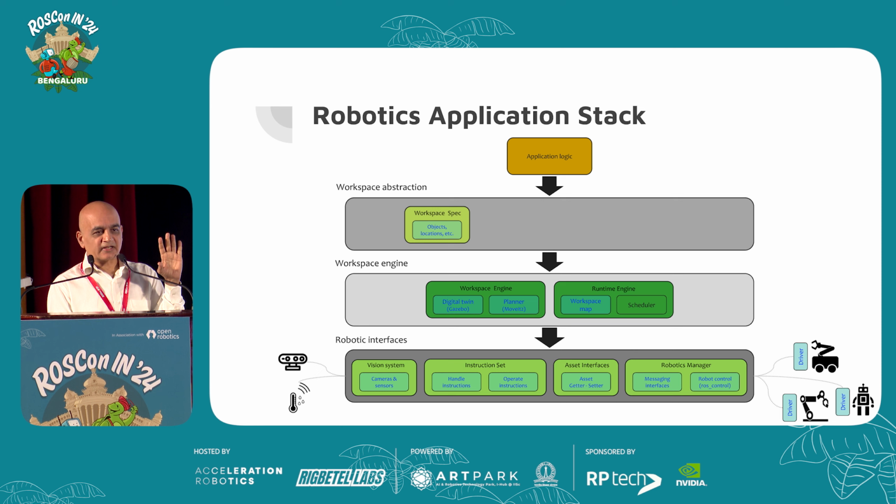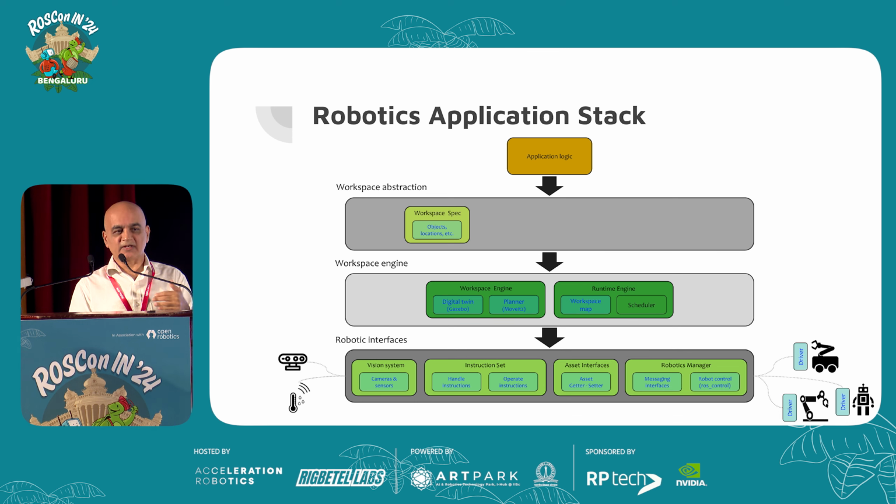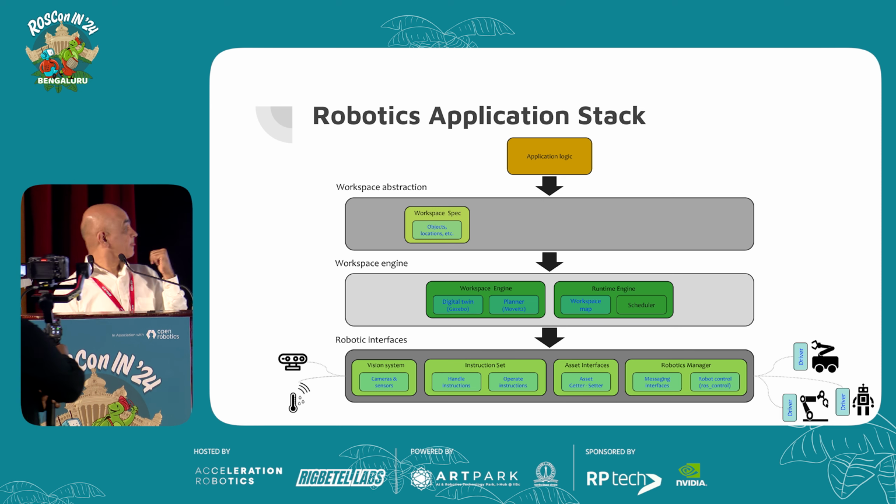That's the context in which we have developed the RAS, which is really a layer above ROS, so that anytime you're thinking of writing an application, we would like you to consider RAS. And I'll let Prateek talk about the actual details of how we implemented it and how it can be used by all the developers.